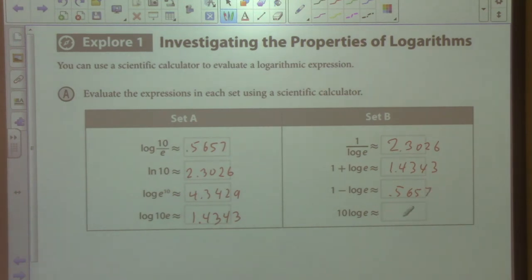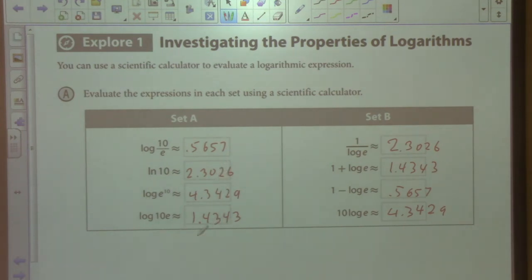Okay, and the last one, by process of elimination, is going to be 4.3429. And so this is kind of a backdoor way of looking at some of the principles of logarithms.